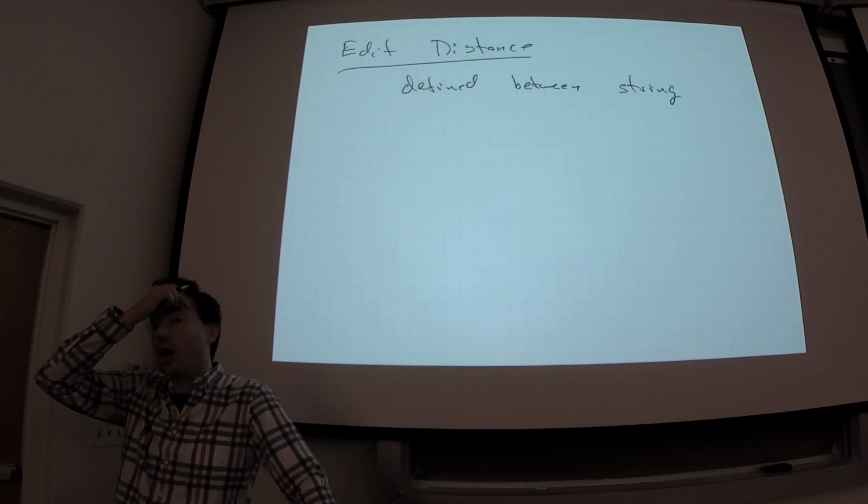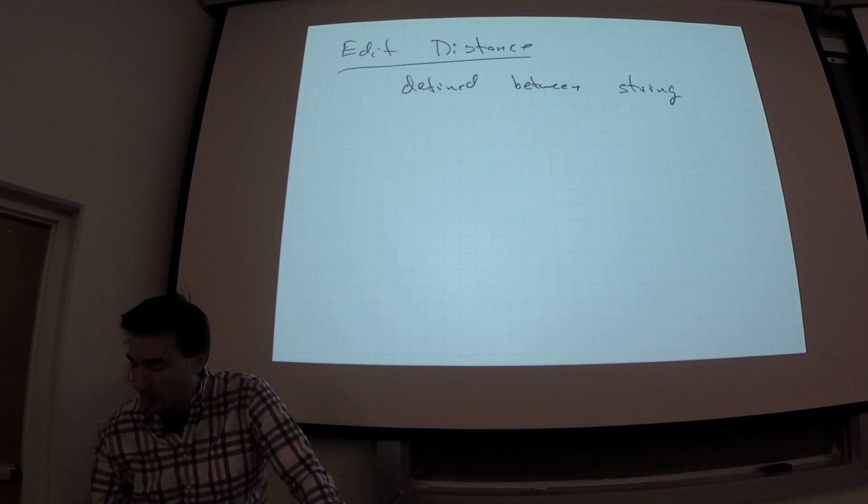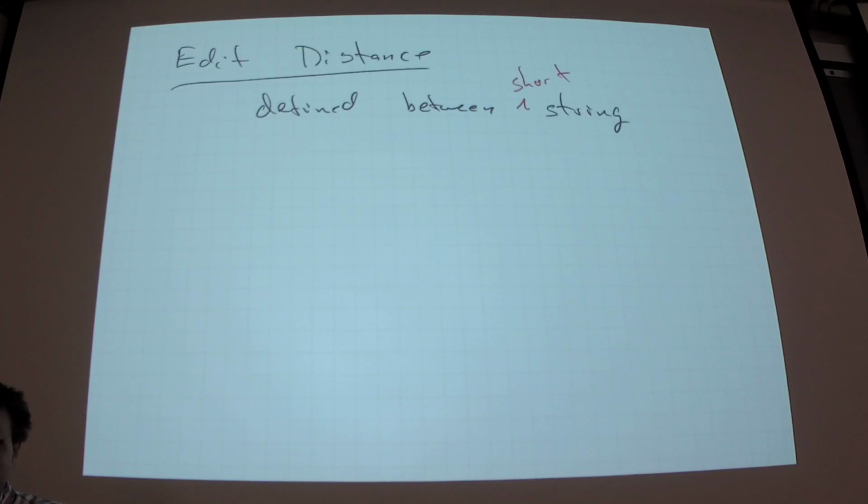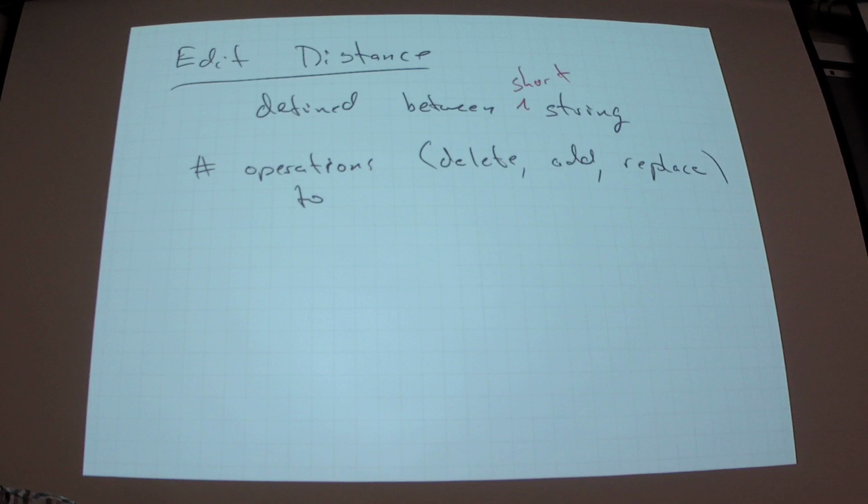This works when the documents are extremely large. The edit distance is useful when these strings are going to be short. Basically, it counts the number of operations, which are delete, add, replace, to turn one string into another.